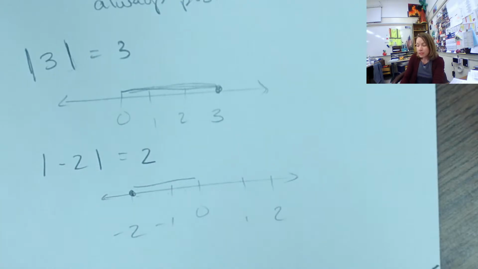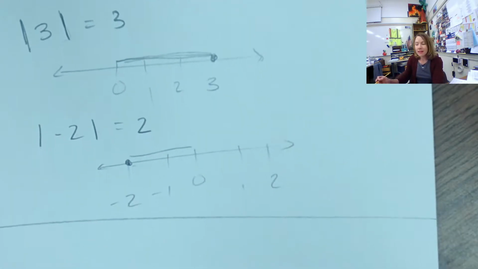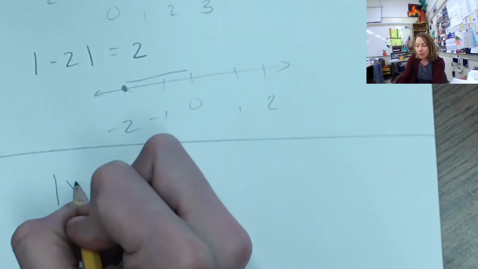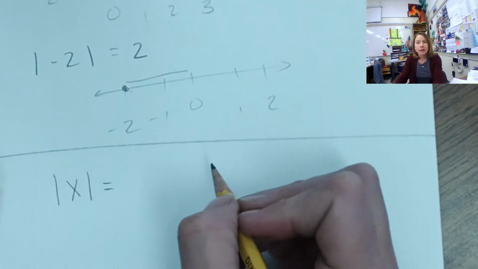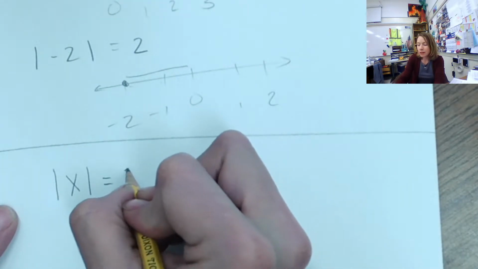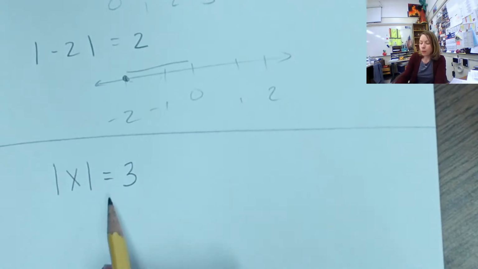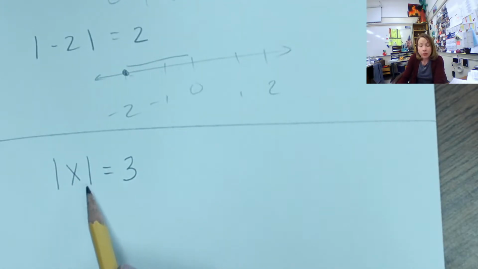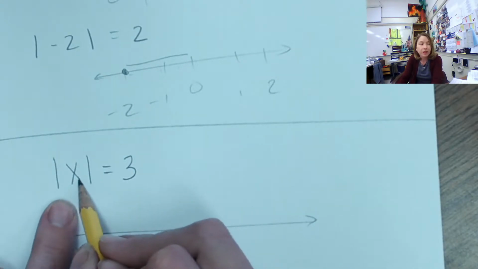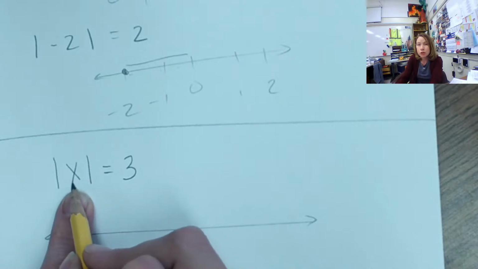Okay, so we've looked at these before, but we haven't really thought about what about the absolute value of a variable? Let's say the absolute value of x is equal to 3. Let's think about it for a moment and see if we can figure out what that would mean in terms of our solution. If we look inside here, we can think about, okay, what numbers would make this true?